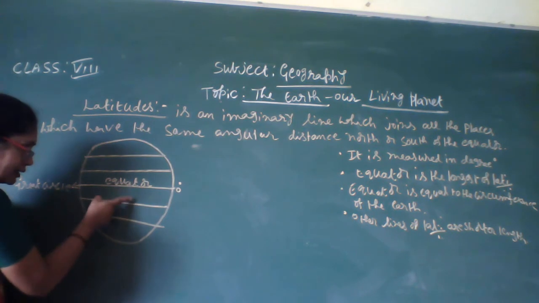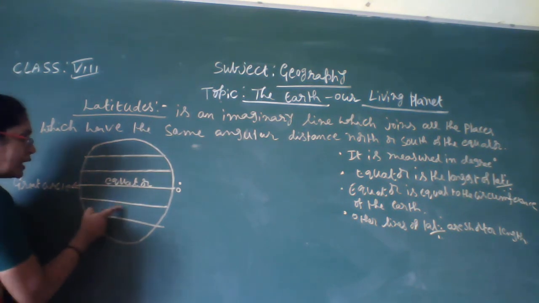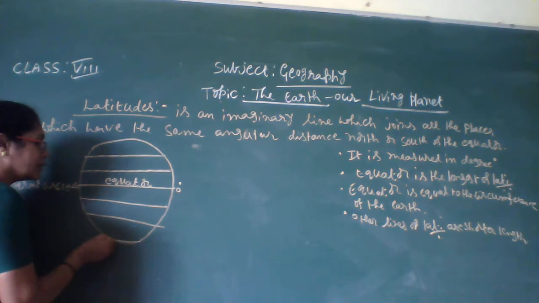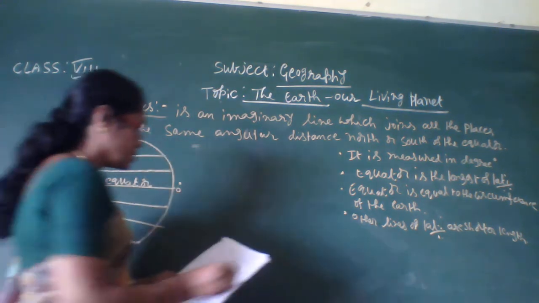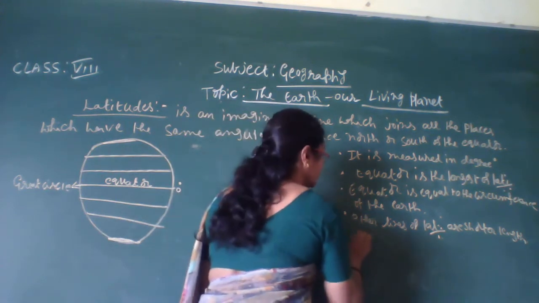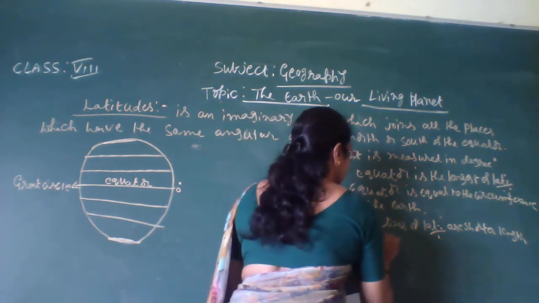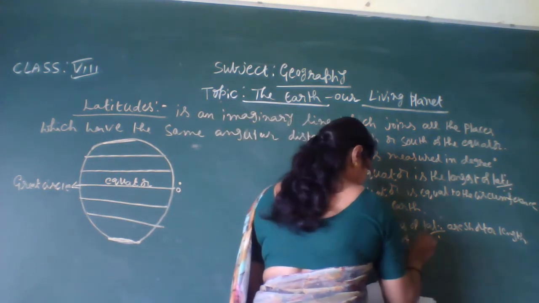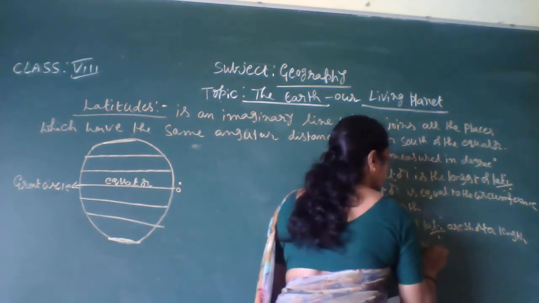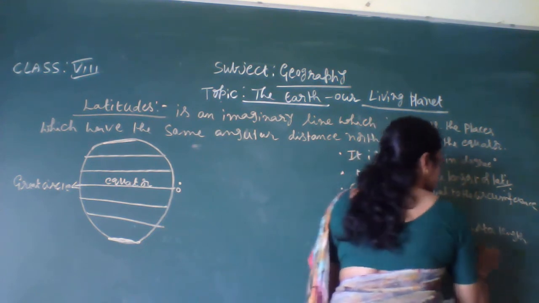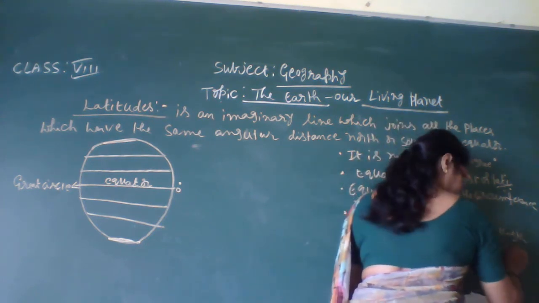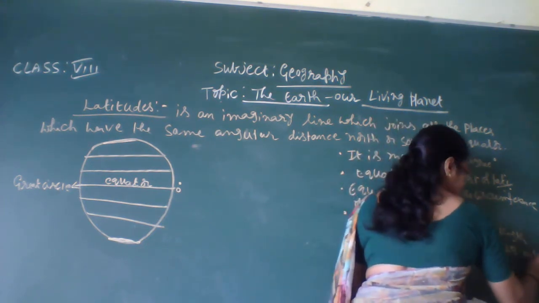As we move away from the equator, the lines become smaller. Got it? So the length of the lines of latitude decreases with the distance from the equator.